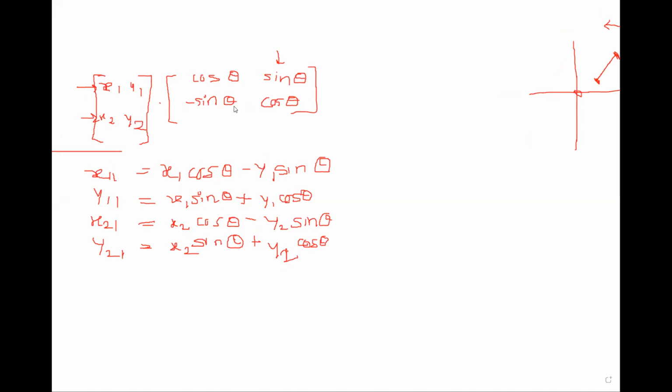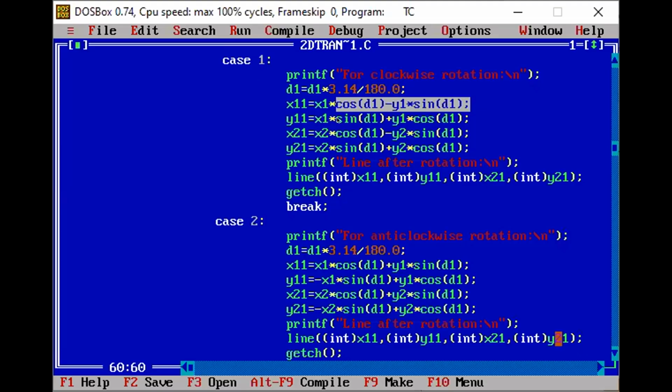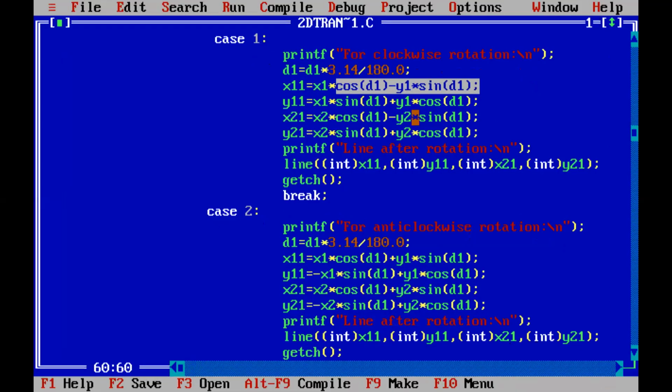Let us see if it is the same or not. You can view here in the program: it is x1 cos theta minus y1 sin theta, right? So in the same way, x11, y11, x21 and y21 are obtained by multiplying the original parameters with the T matrix. Once this is done, it gives you the new parameters x11, y11, x21, y21.